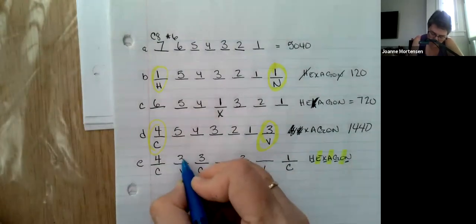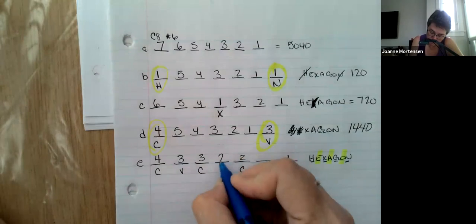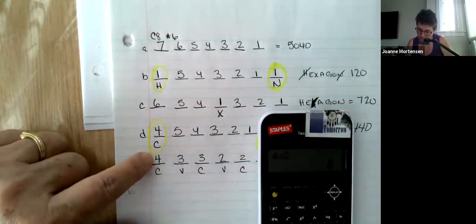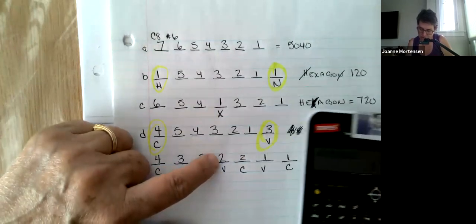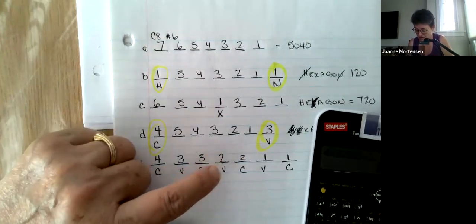Then we're going to do the vowels, and there are 1, 2, 3. That's going to be 3, and then I use up 1, which leaves me 2, and then I use up 1, that leaves me 1. 4 times 4 times 3 is 12, times 3 is 36, times 2 is 72, times 2 is 144.